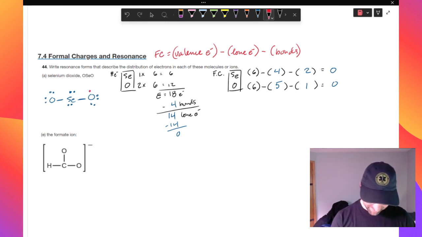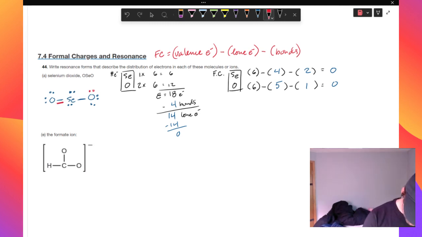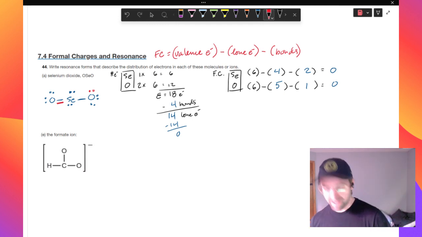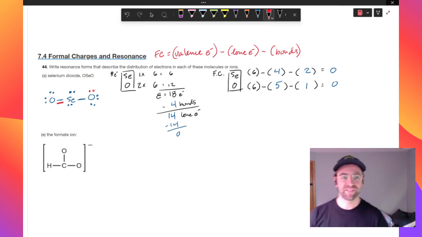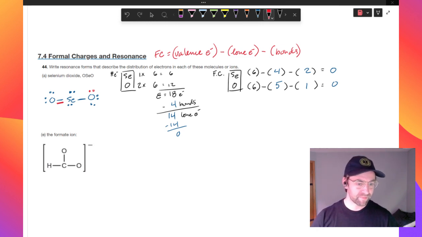So I want to find in the textbook what the rule is for this really quick, because that explanation cannot stand on its own. That's not satisfactory. So, standby, formal charges and resonance.